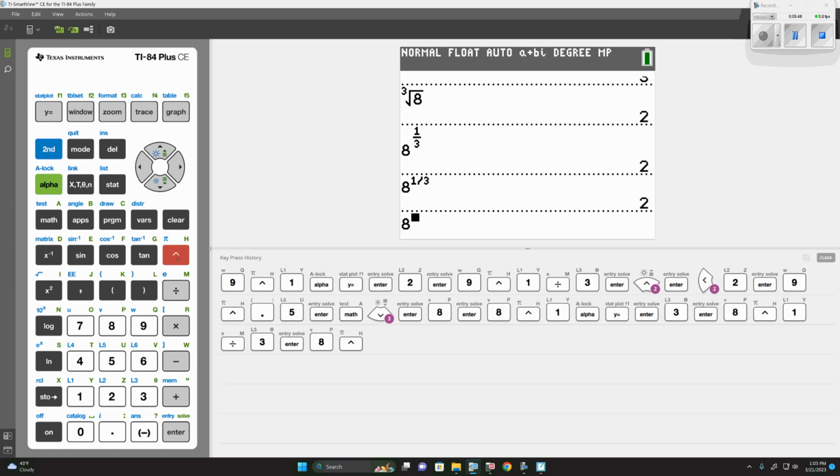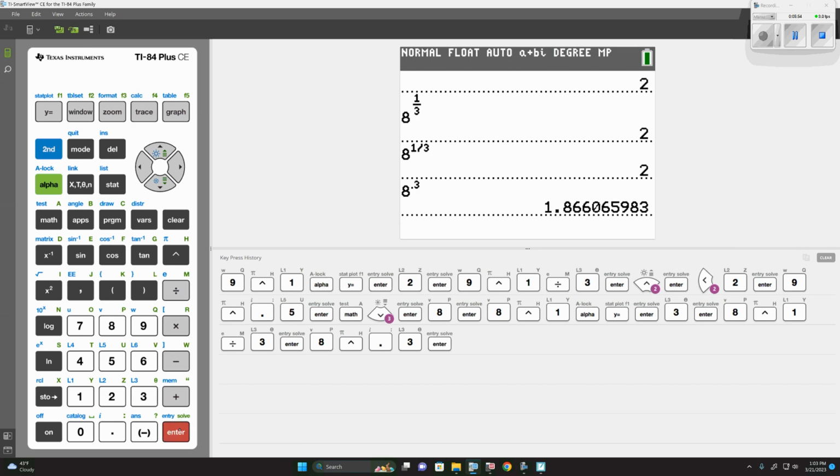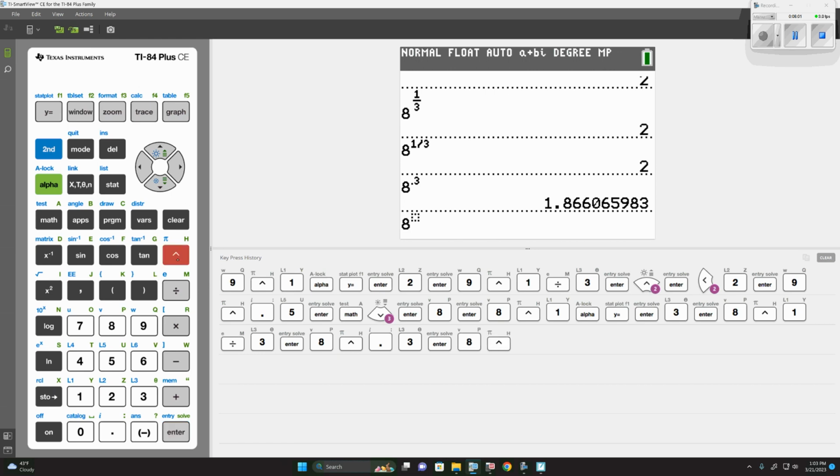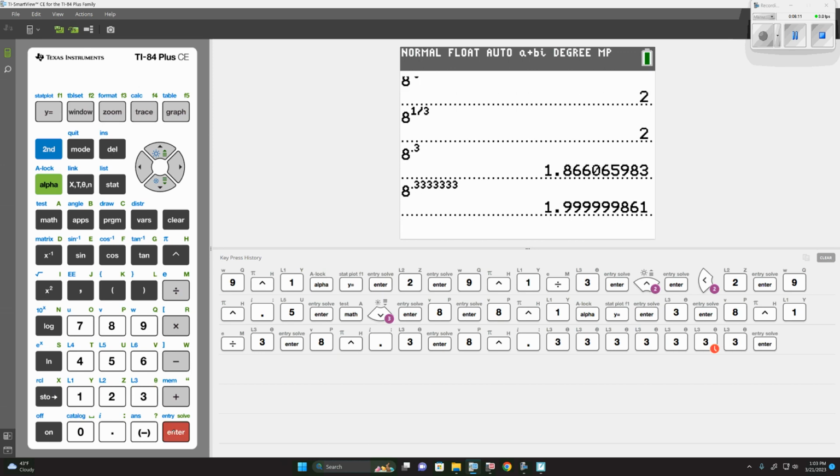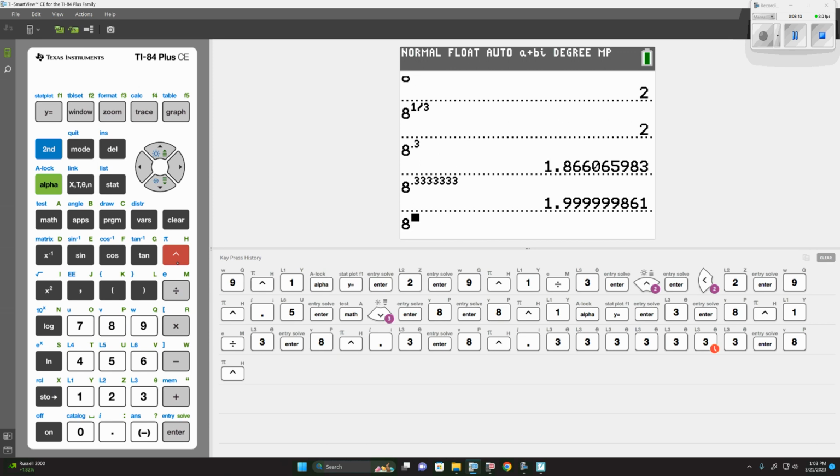Could we say 8 to the 0.3? Because what is 1/3 as a decimal? So this is 3/10. So that didn't get us the same. Well, that's getting us closer, isn't it?